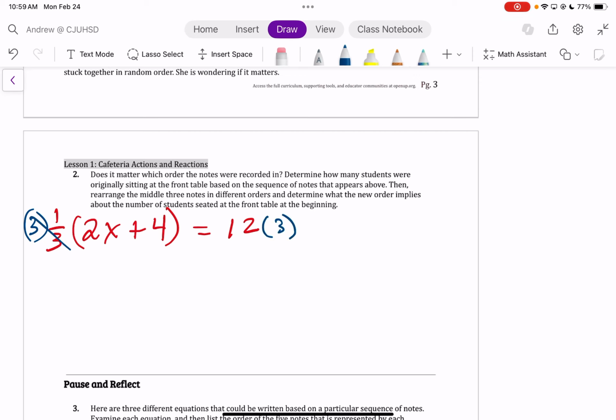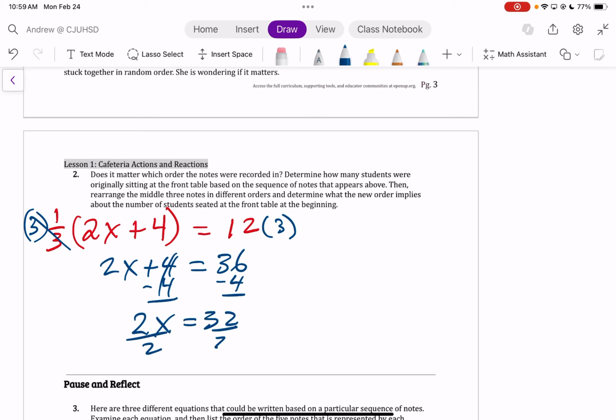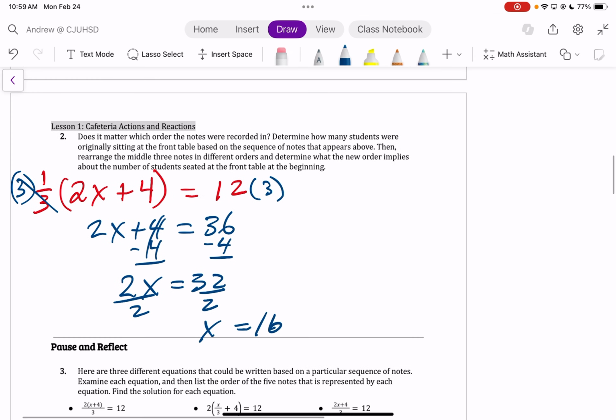So that cancels out. You get 2x plus 4 is 36. We take away 4, and 2x is 32. Divide by 2, and x is 16. 16 students were originally at the table.